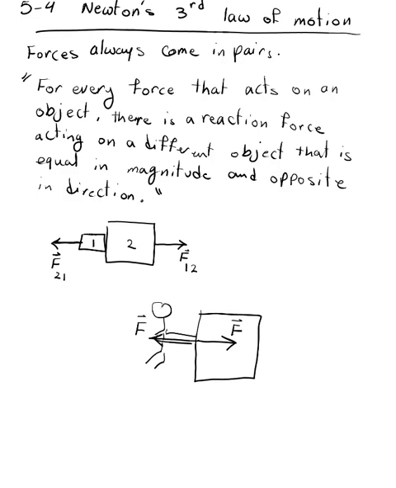Now, if you look at figure 5.15, that figure illustrates some action-reaction pairs, and I want you to notice that there is always a reaction force, whether the force is a push or a pull or any type of force, then there is a reaction force that makes a pair with the original force.